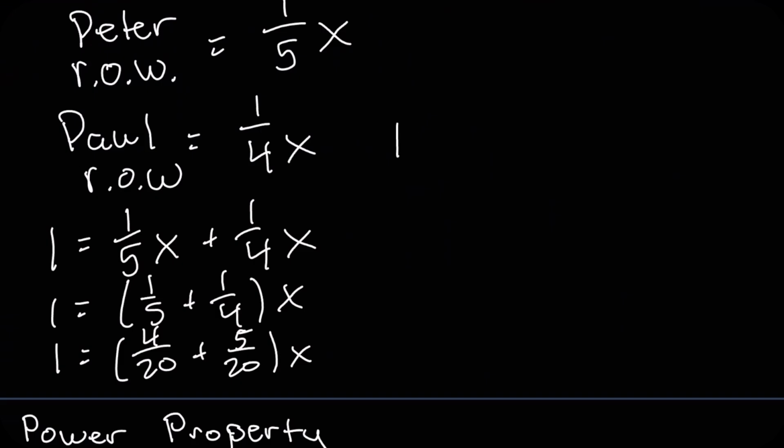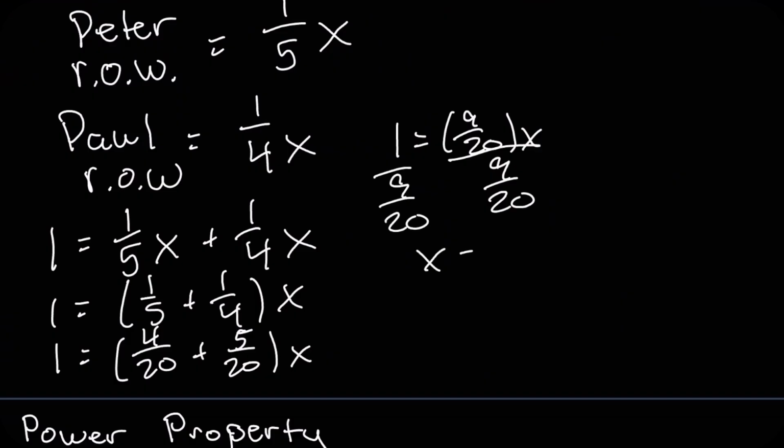And this will get us 1 is equal to 9 divided by 20 x. And then we want to solve for x, so divide by 9/20 on both sides, and you're left with x is equal to 20 divided by 9, or 2 2/9 hours.